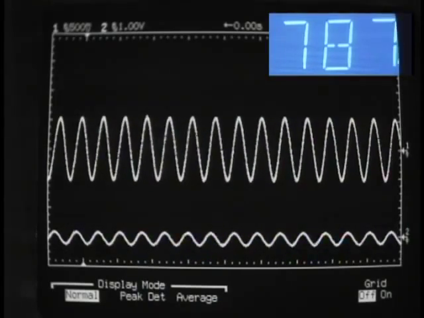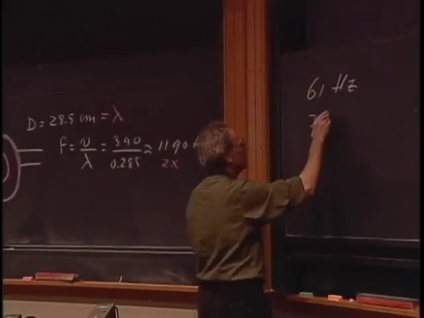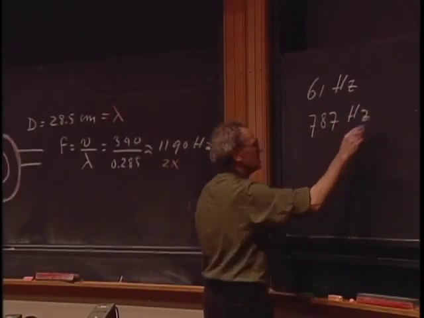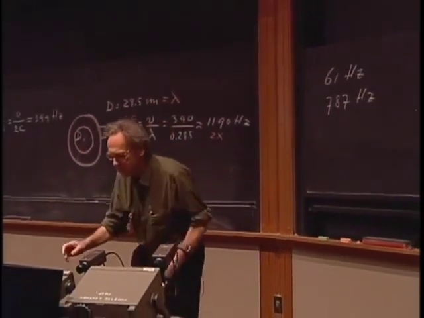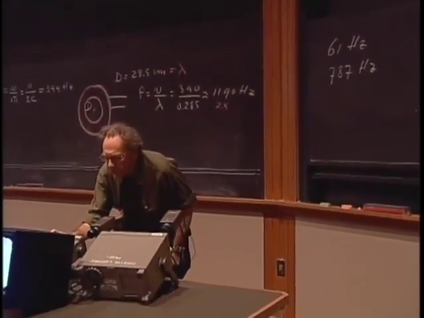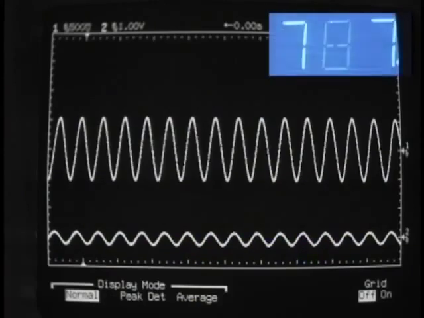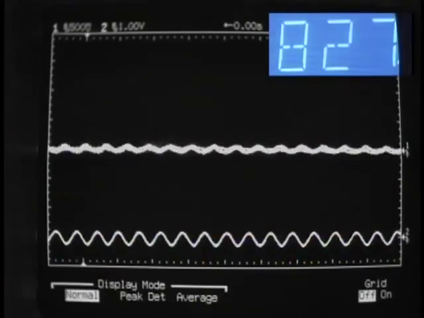And so, the 61 made me sick in my stomach. And I was not all too happy with 787 hertz. And so I insisted to at least start looking for the 1190. And so we started looking for the 1190.